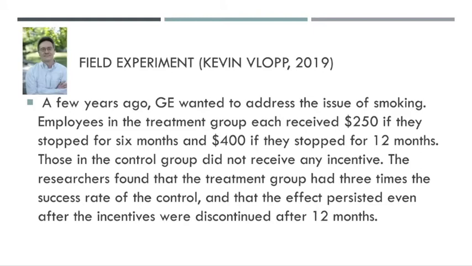Those in the control group did not receive any incentive. The research found that the treatment group had 3 times the success rate of the control, and even after the project was over, the effects persisted for the next 12 months.